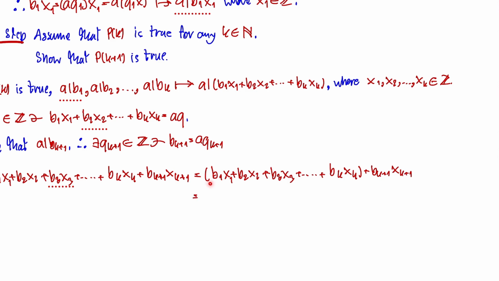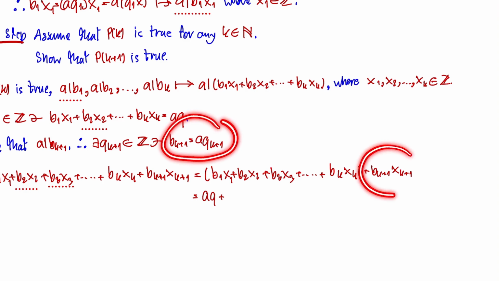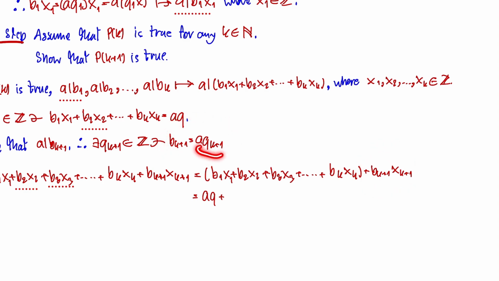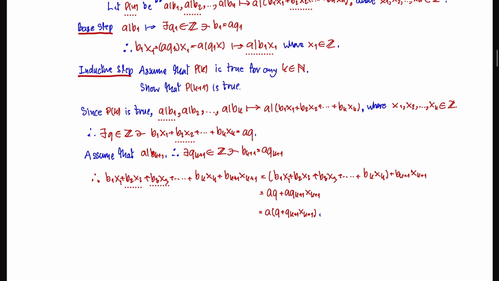For the first k terms, we're going to have aq, plus this one right here. We substitute this into bk plus 1, so we're going to have a qk plus 1 xk plus 1. And factorizing a, we're going to have a times (q plus qk plus 1 xk plus 1). So that's what we have right here.